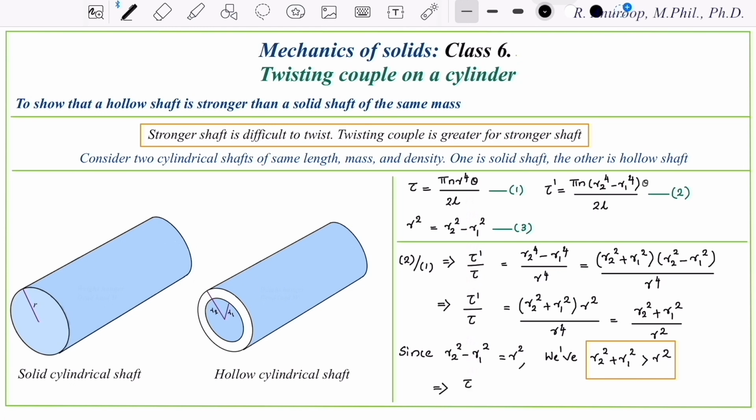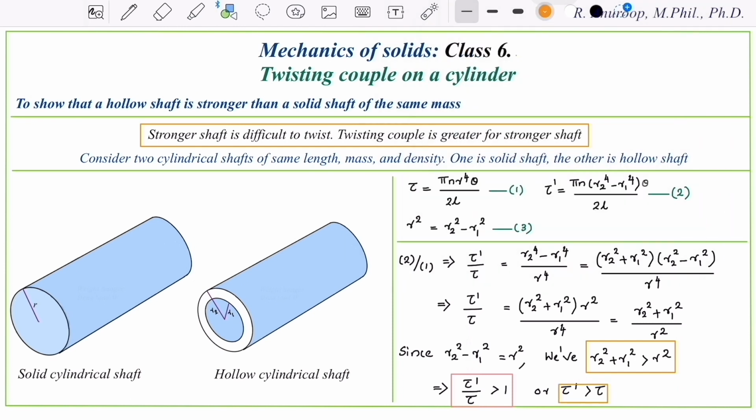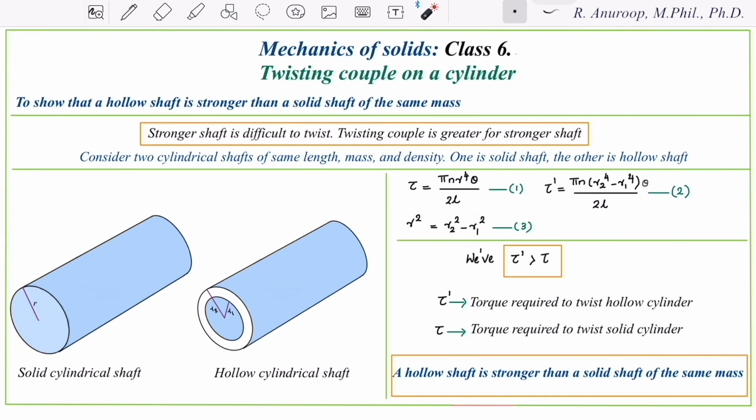Therefore, tau dash by tau is greater than 1, or we can say that tau dash is greater than tau. We got the relation tau dash is greater than tau.